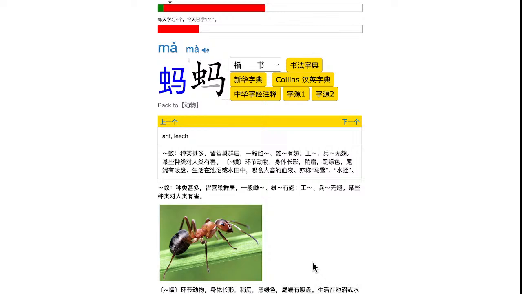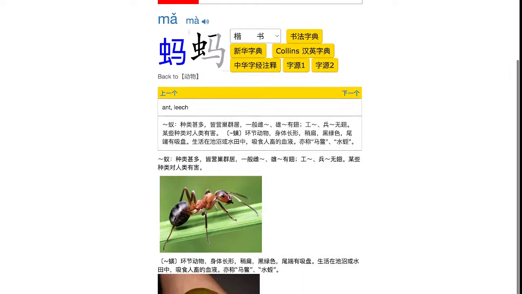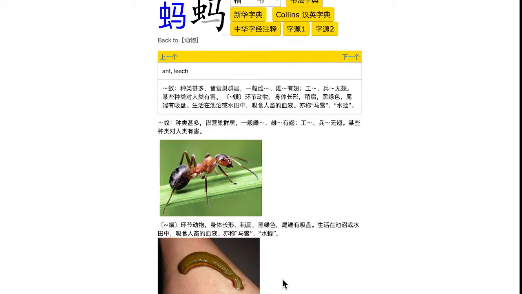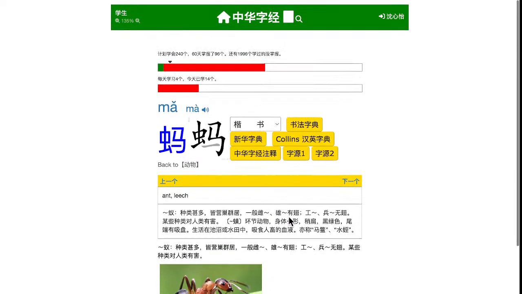One is 蚂蚁, that's ant, any kind of ants. The second one is 蚂蟥, that means leech. This very disgusting, awful animal, leech, sucking your blood. 蚂蚁, 蚂蟥.